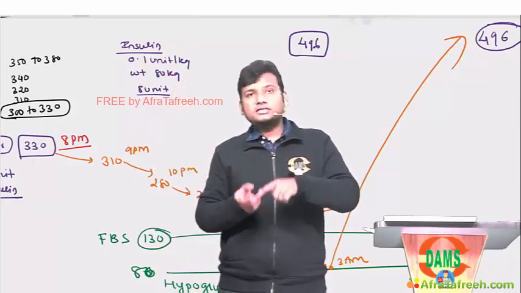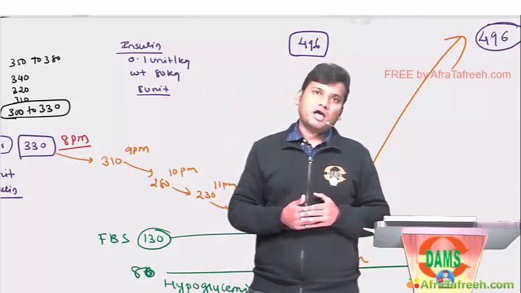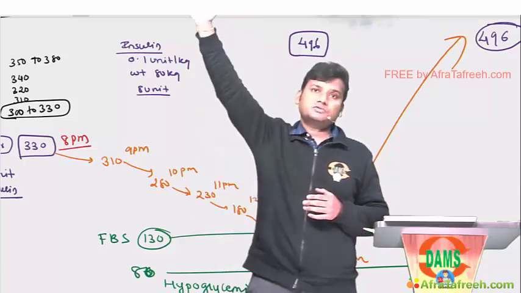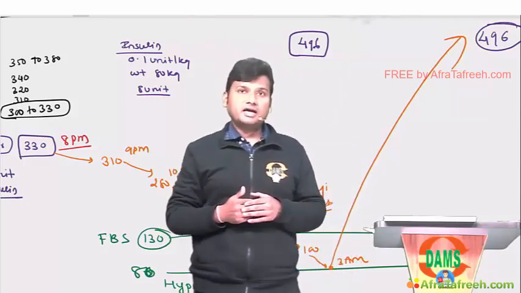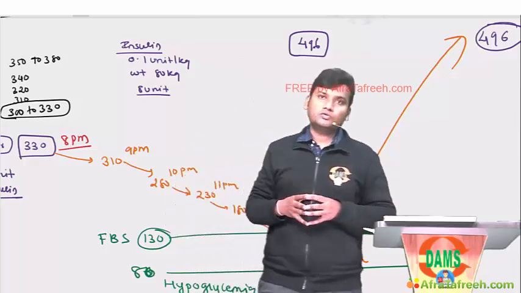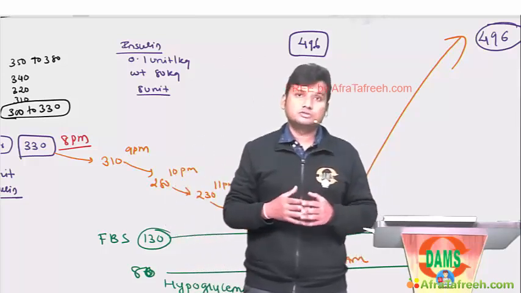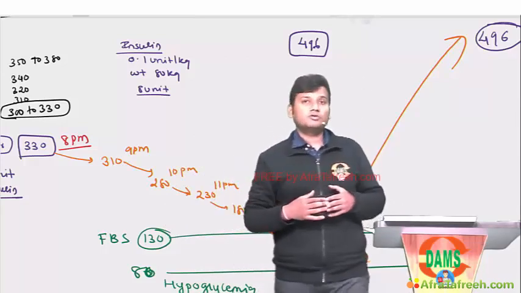Now the opposite can also happen. Opposite means some patients may have very high resistance to insulin. When some patients have very high resistance to insulin, these patients will not give a very good response to insulin. So they will not have a decreased level of glucose.